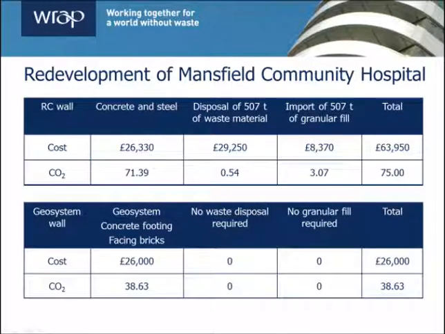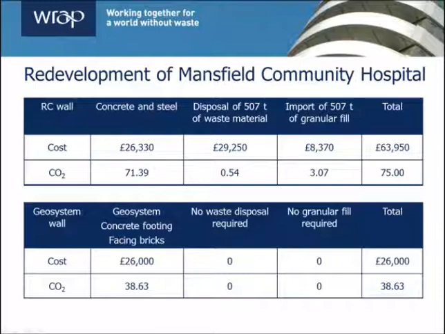It was calculated that for the conventional reinforced concrete wall, 507 tonnes of unsuitable material would have to be disposed of to landfill, and an equivalent amount of primary granular fill material imported to make up the ground to founding levels and provide suitable backfill to the wall.